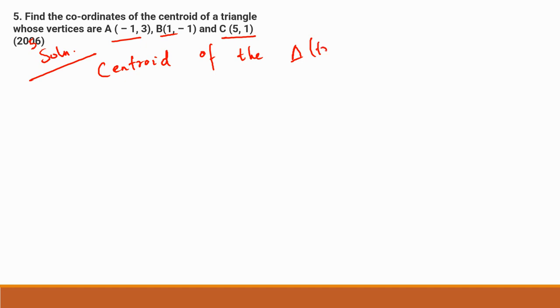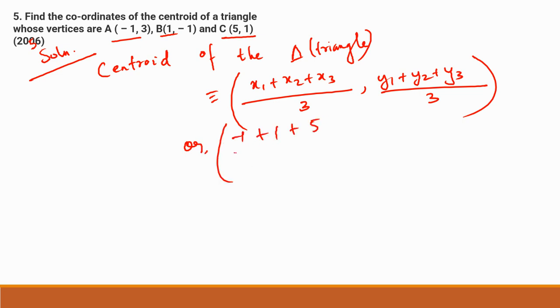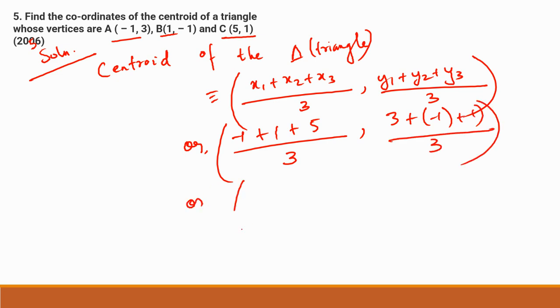Just write it properly, triangle, in the exam. The centroid of the triangle will be ((x1 plus x2 plus x3) by 3, (y1 plus y2 plus y3) by 3). Here x1 is minus 1, x2 is 1, x3 is 5, divided by 3; y1 is 3, y2 is minus 1, y3 is 1, divided by 3. So from here you will get (5 by 3, 1). So this will be the answer.